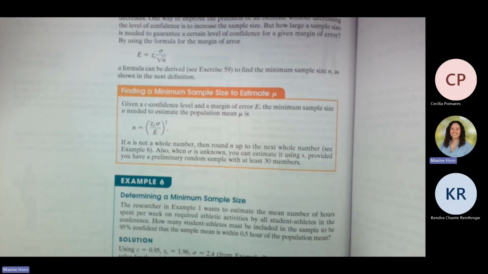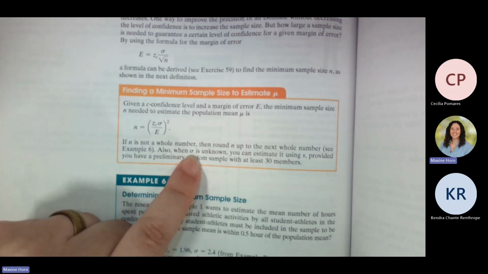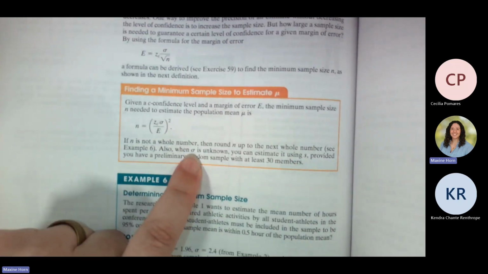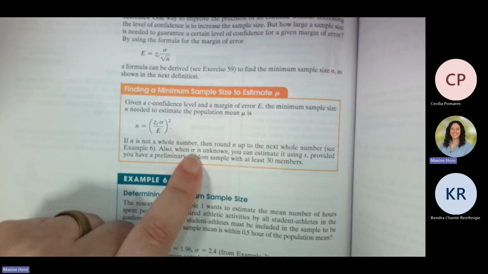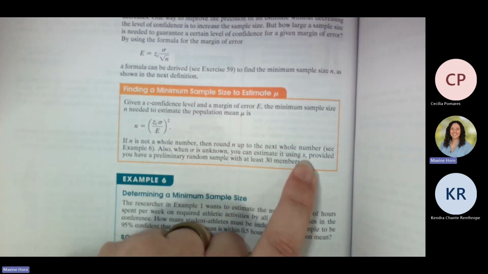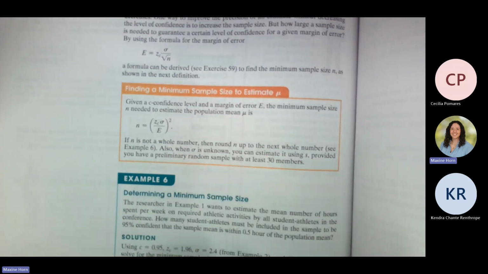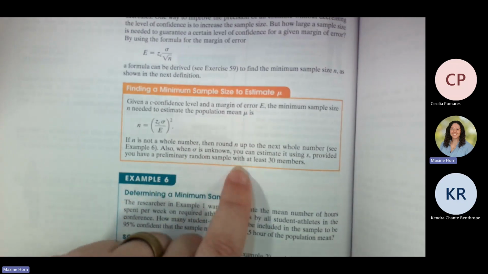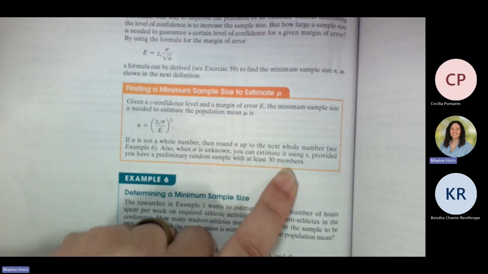A couple things to note here: when you don't know your population standard deviation, you can estimate it using your sample standard deviation, only as long as you have a preliminary random sample with at least 30 members, greater than or equal to 30.